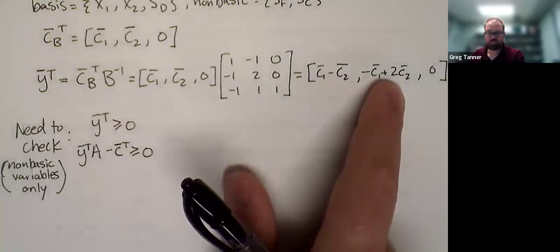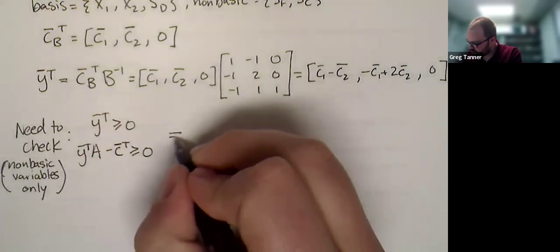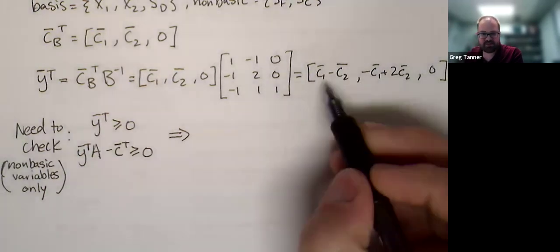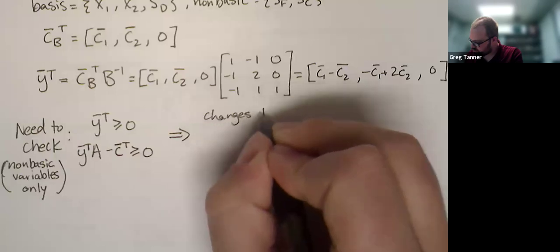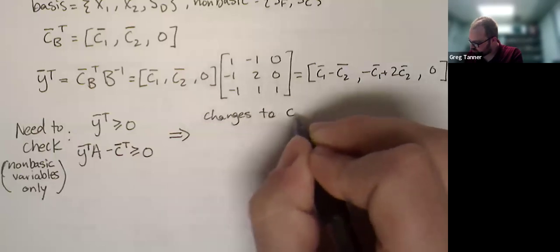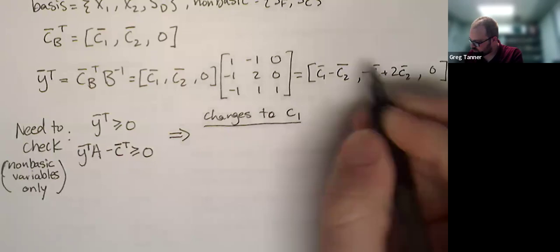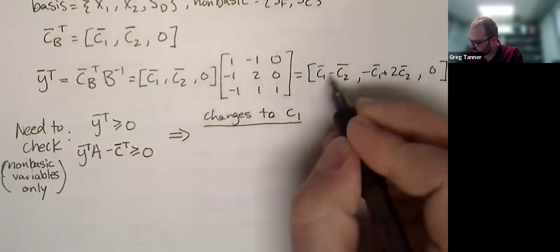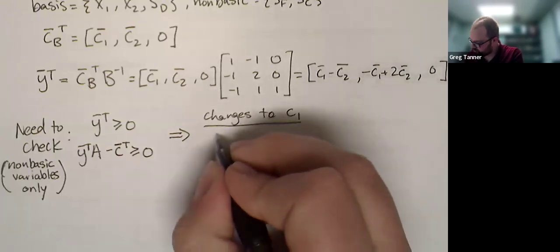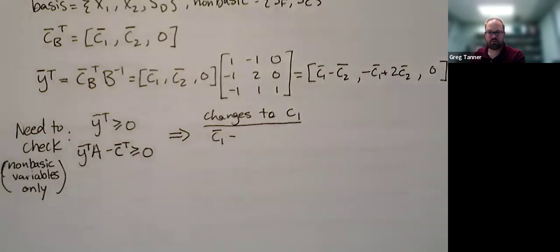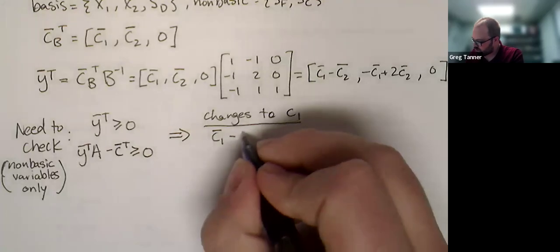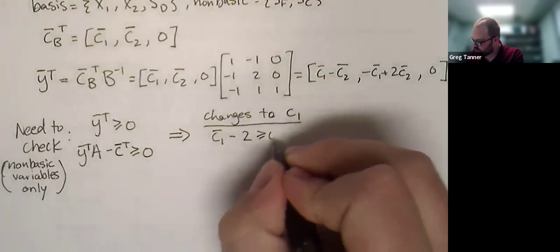Let's actually look at that, and we'll focus on changes to C1. I need that this is greater than or equal to 0. So I've got C1 bar minus C2. The original value for C2 was 2, and that has to be greater than or equal to 0.